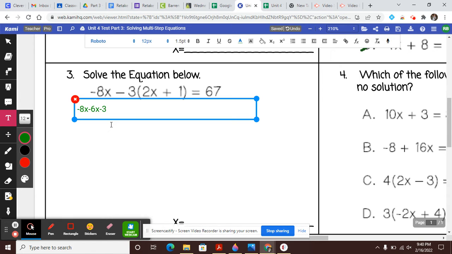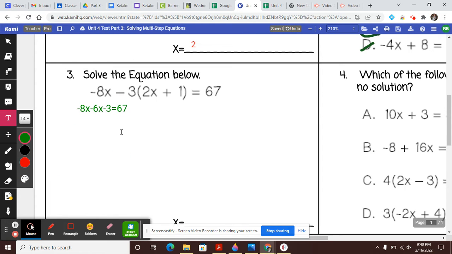So we're going to go ahead and bring down that equal sign. And then we're going to bring down our 67. Okay, so in this case, I've already got that set up. I'm going to go ahead and increase this a little bit just so that we can see it better. Okay, so that is our new problem here. I'll make it even bigger because I'm going to have to draw. And we know how good I am at drawing.